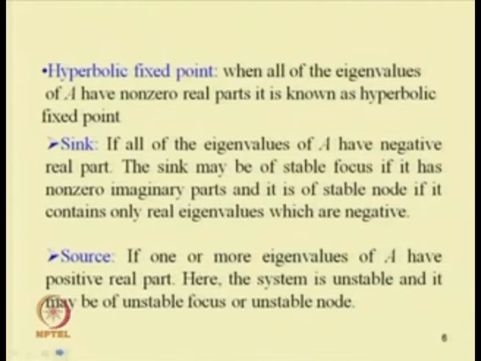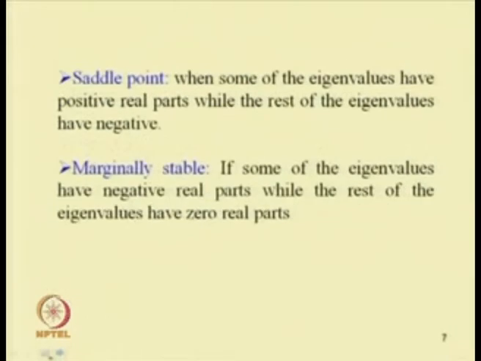The sink may be a stable focus if it has non-zero imaginary parts, and it is a stable node if it contains only real eigenvalues which are negative. Similarly, for a source, if one or more eigenvalues of A have positive real parts, the system is unstable and it may be an unstable focus or unstable node.